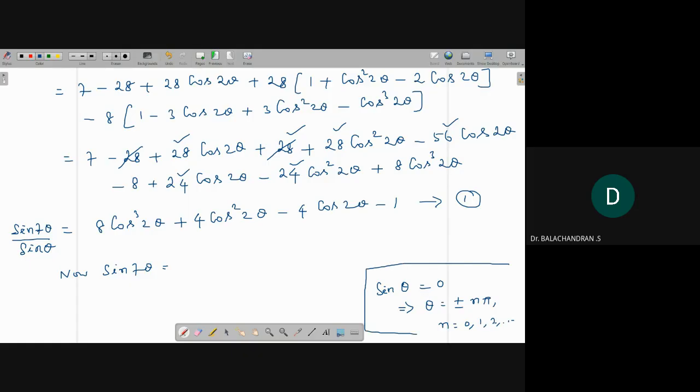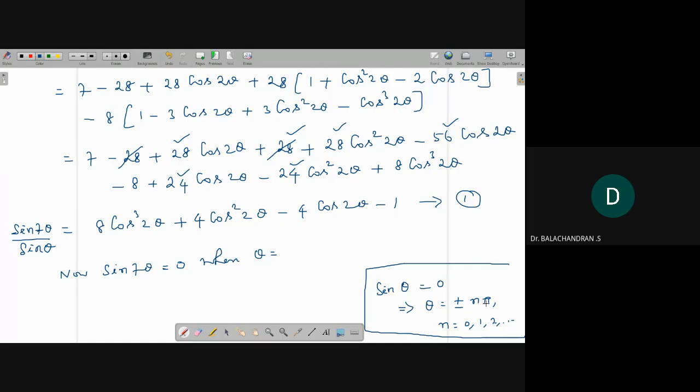So if we have sine 7 theta equal to 0, when theta equal to n pi by 7.